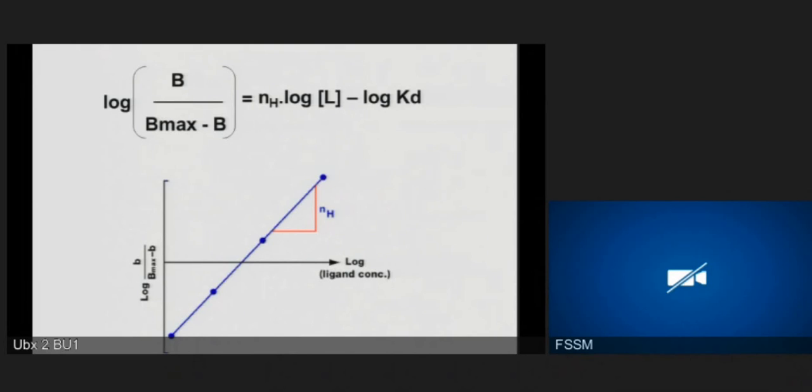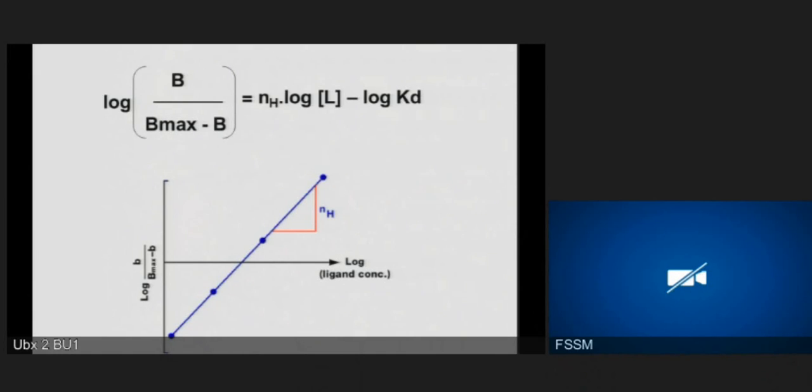When it is over 1, I don't know, 1.4, 2, whatever, it means that you have some phenomenon of cooperativity. For instance, imagine a ligand binding on the receptor, and then it facilitates the binding of another ligand on the same, on similar receptor.